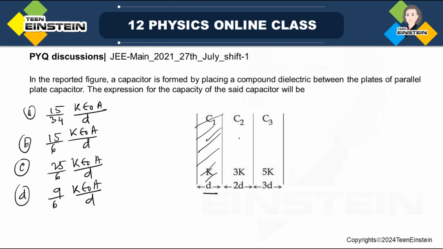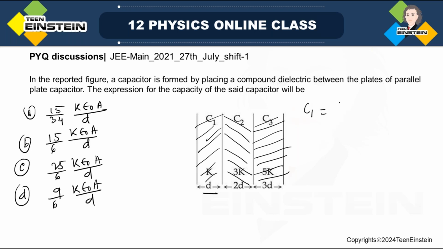Similarly, the second part, you see, of thickness 2D, will act as another capacitor of capacitance C2. Finally, this will act as another capacitor of capacitance C3. So first of all, let us find out what are C1, C2 and C3.